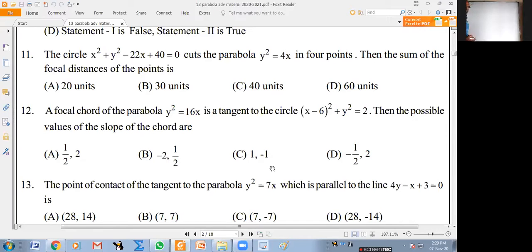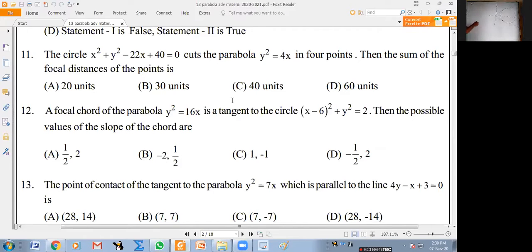What is this circle with center (11, 0)? Okay, so we have a parabola, maybe a circle like this. They are intersecting at 4 points. There's a focus somewhere here. From here, you have to find the distance to all the points. But from symmetry, these two have the same x coordinate, these two have the same x coordinate. That's why we are not getting 4 x values.